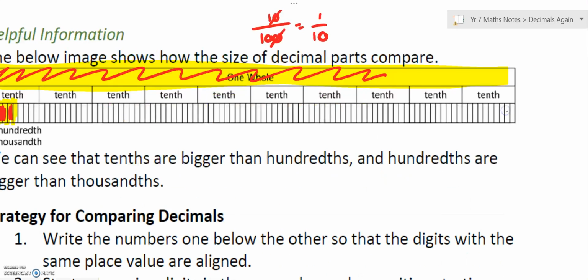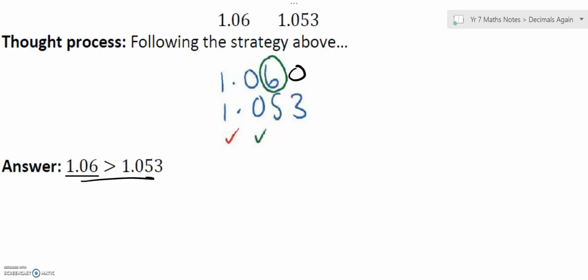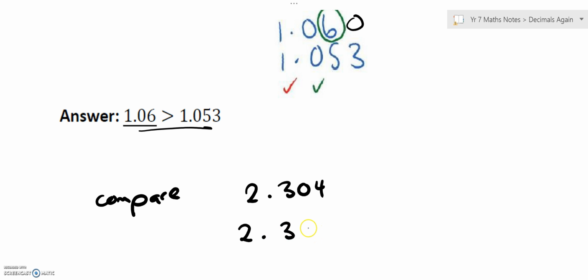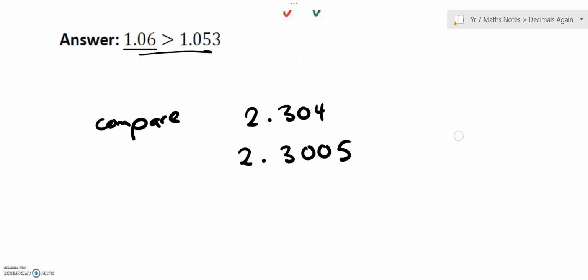Okay, so if we do another example, say we compare 2.304 with 2.3005. Okay, we need to be able to write them on top of each other and identify the place value.